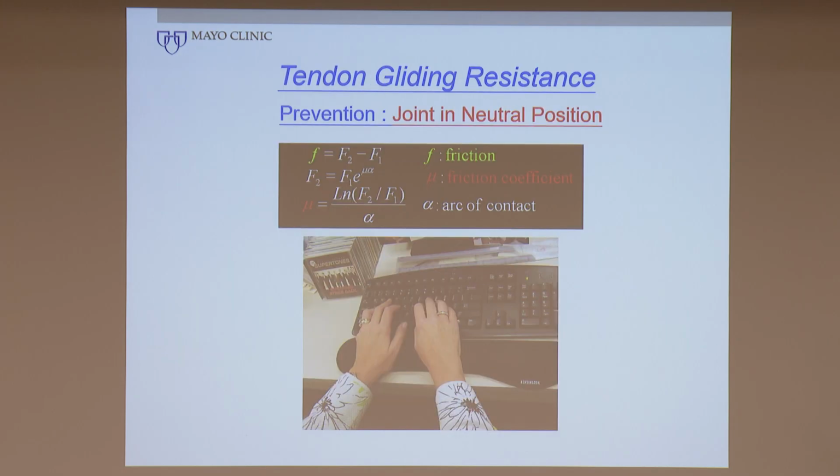This has a clinical application. Of course, at that time, we had a lot of designs of the keyboard pad to try to prevent carpal tunnel. The basic fundamental point I tried to point out to the people in design was to neutralize the wrist joint, because if you decrease this angle, you will decrease the friction exponentially.